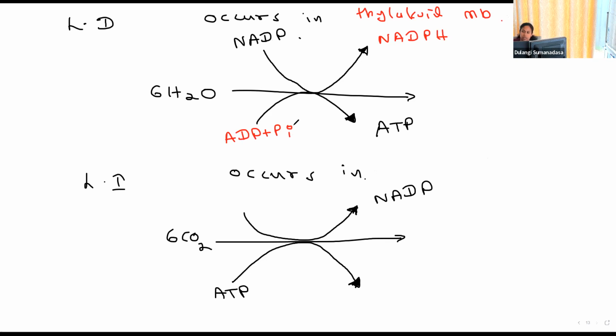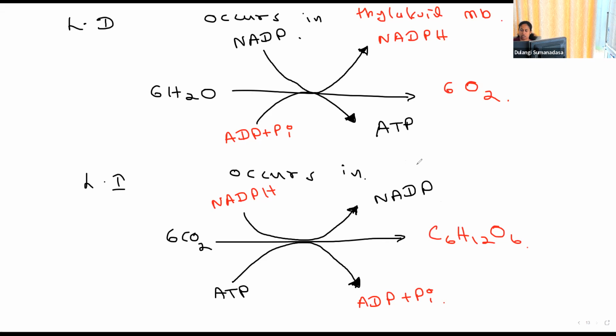The main reaction is 6H2O breaking down into 6 O2s. So they have given the product NADP. So what needs to come in is the NADPH. NADPH goes in, comes out as NADP. Read the arrow properly. You need this for Calvin cycle, Krebs cycle, everything. ATP goes in, output is ADP and PI. 6CO2 becomes C6H12O6.